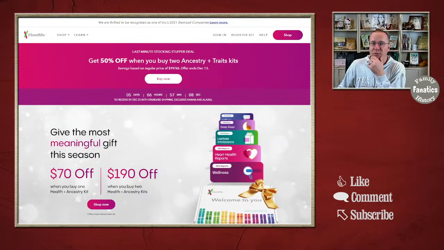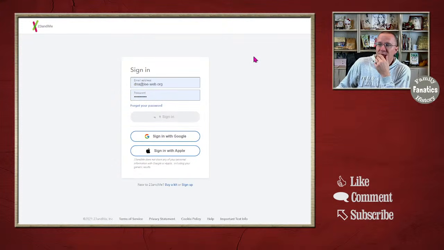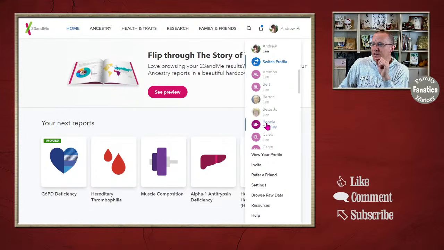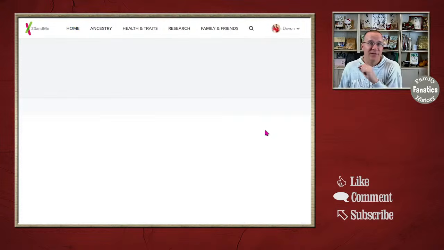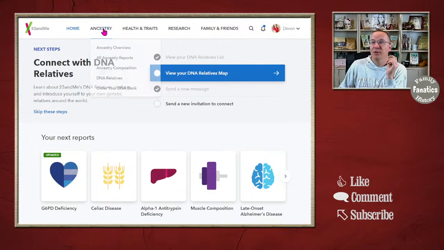I'll pull this up real quick here and show you. Let me transition this over. So 23andMe, one of the really cool things that they do here is, where is my wife? So my wife has tested, but her mother and father had already died before we did DNA testing.